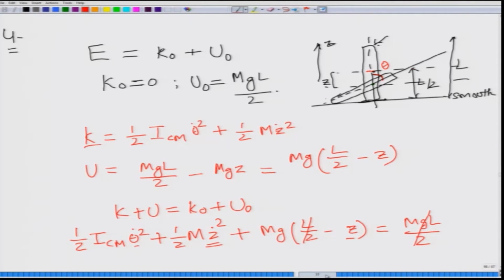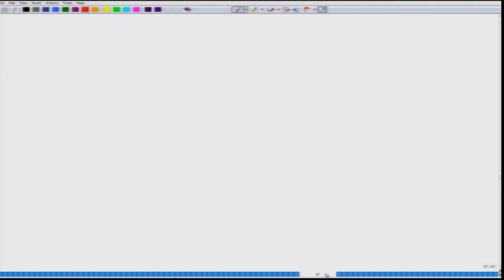So, we have I_CM theta dot square plus m z dot square is equal to 2 mg z, correct.